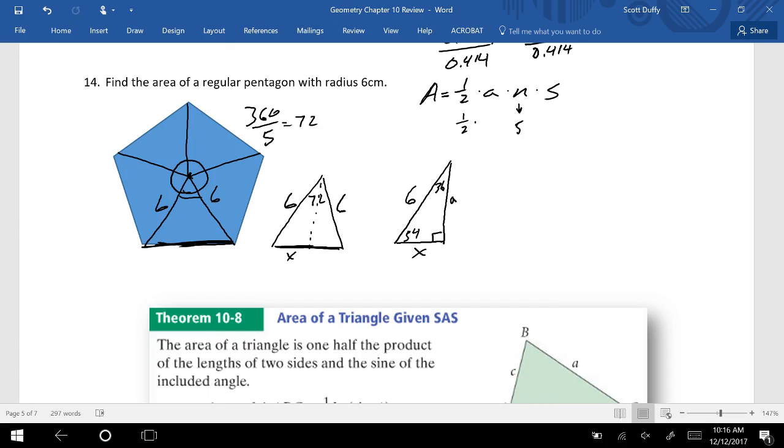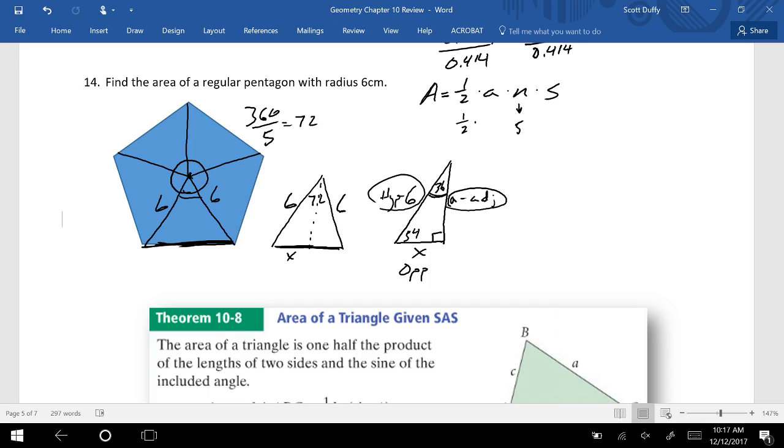Now, if we use 36 as our angle of interest, X would be the opposite side, and the apothem would be the adjacent side. If I want to find the apothem first, I recognize adjacent, and I know the hypotenuse is 6.